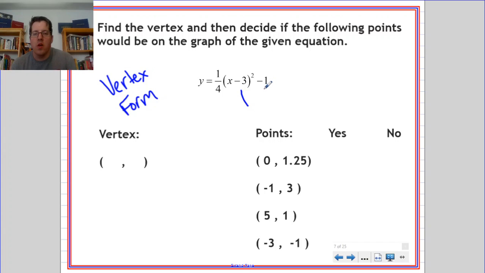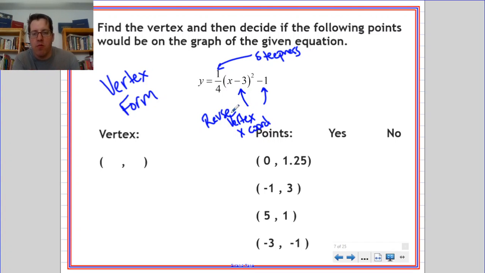These two numbers give us information about the vertex, while this first number gives us information about the steepness. The number connected to x tells you about the vertex x coordinate, but it's the reverse.